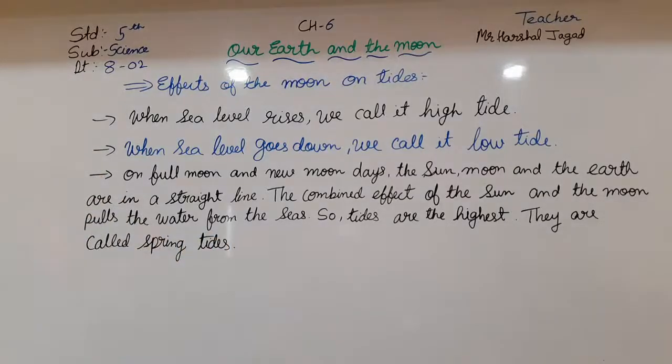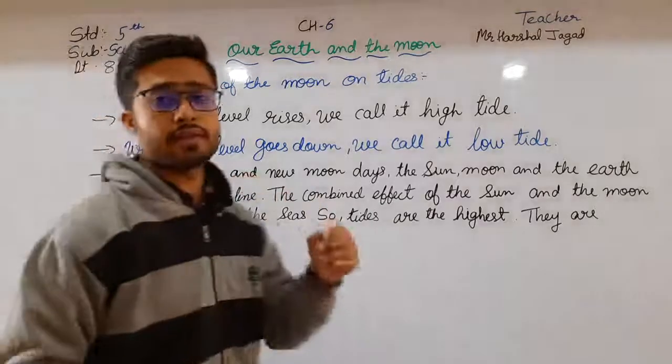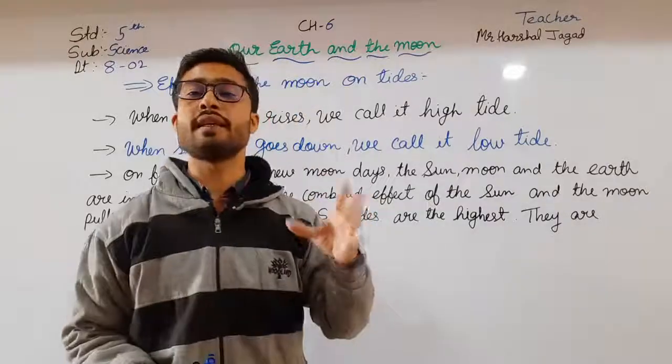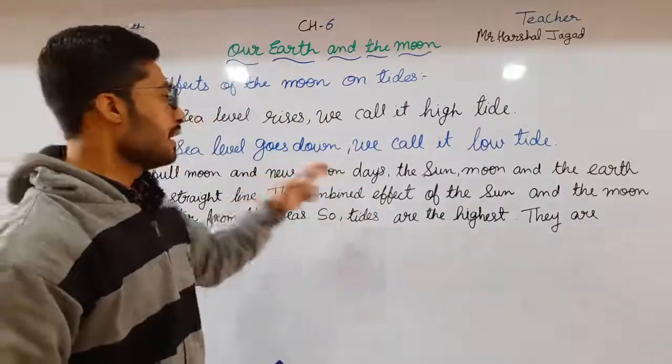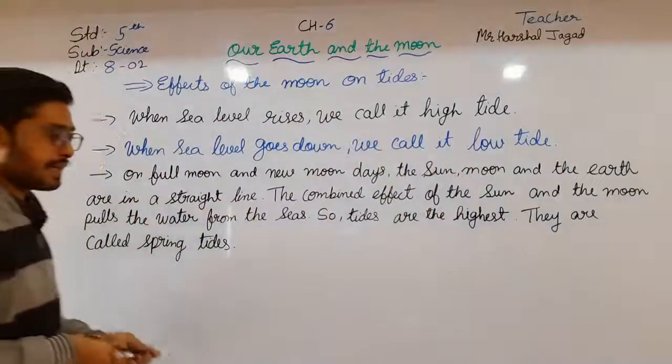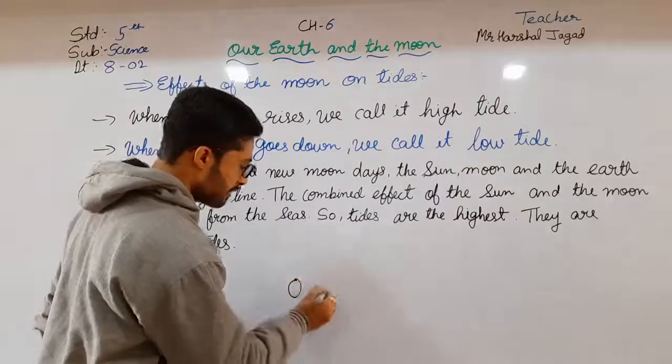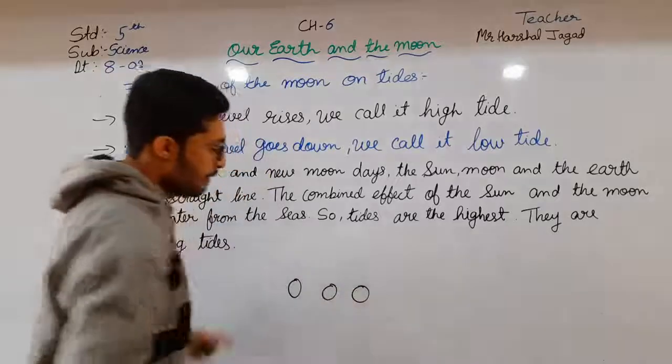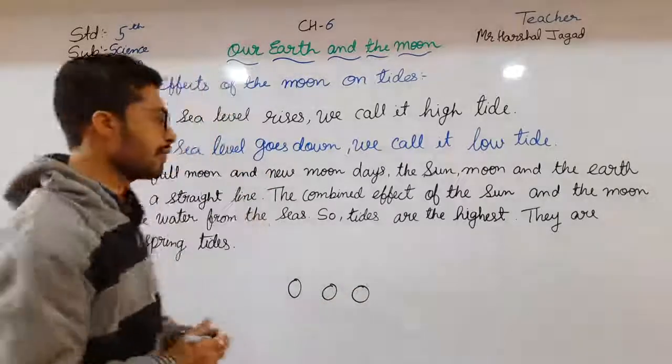So here, on full moon and new moon, meaning on Purnima and Amavasya, what happens? The sun, the moon and the earth are in a straight line, meaning they will be like this, in a straight line. So what will happen?